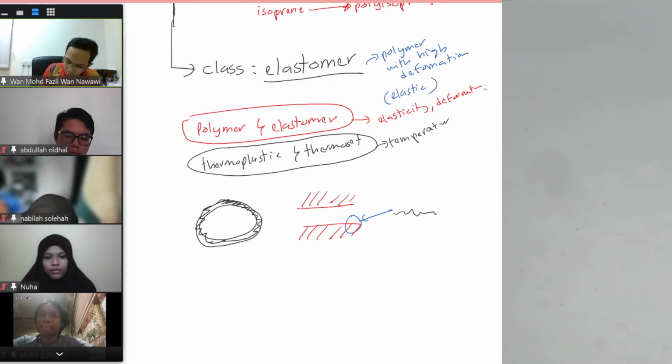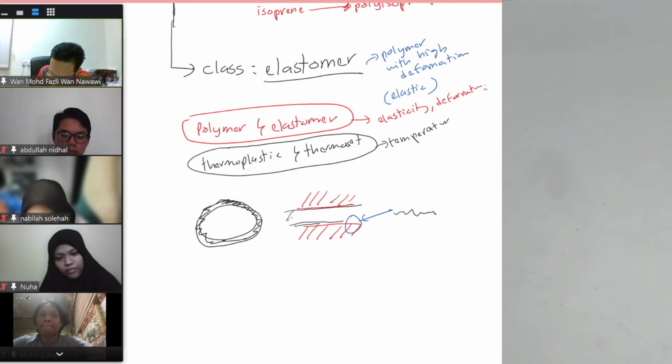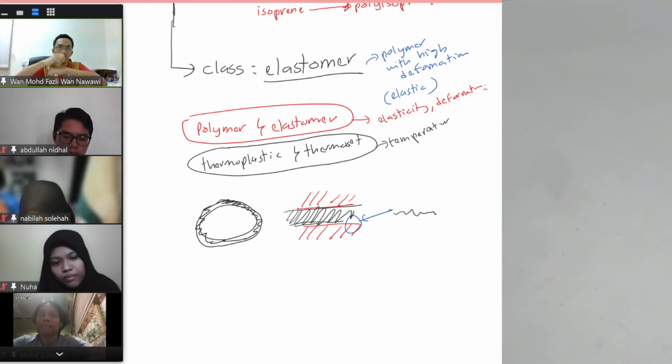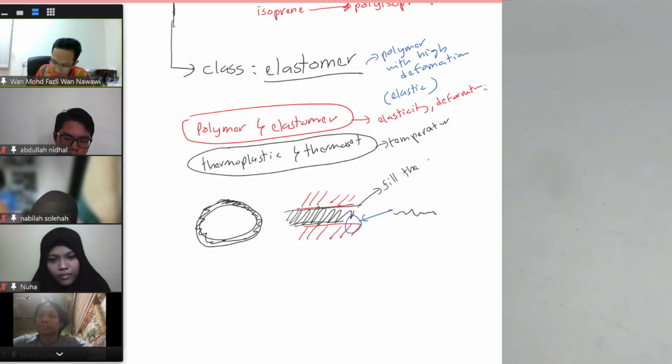So when you have elastomer, the black one here, because the property of elastomer is that it can deform, when you push it, the elastomer will fill the gap between the micro holes and so on. When you fill the gap, you get what we call a seal.